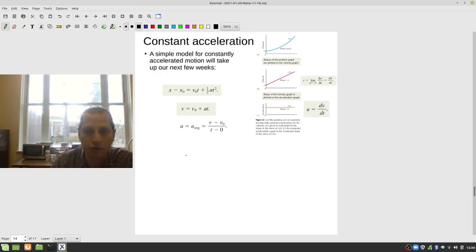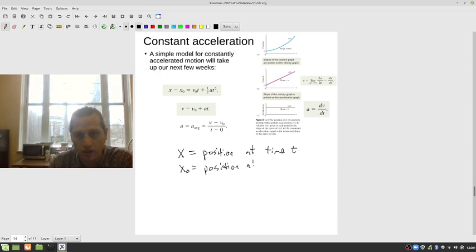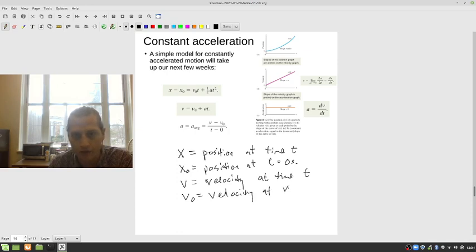So just to spell this out more clearly, we have x is our position at time t. x naught is our position at time t equals 0. v is our velocity at time t. v naught is our velocity at time equals 0.